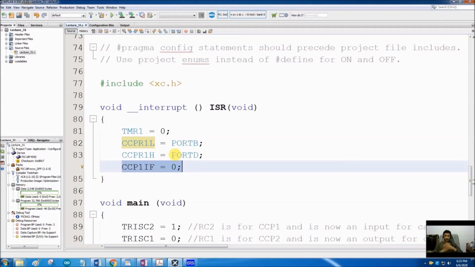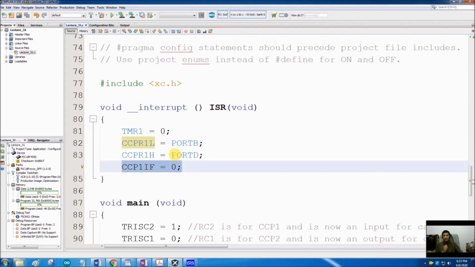And when I clear it, the waveform is also coming at the input port. It is not stopped. So some portion of the waveform has elapsed, and the next time the interrupt will occur a few cycles before the required. If it was supposed to occur at 1000 cycles, it will occur at maybe 990 cycles or 970 cycles.